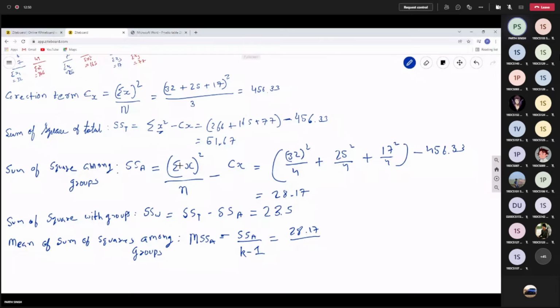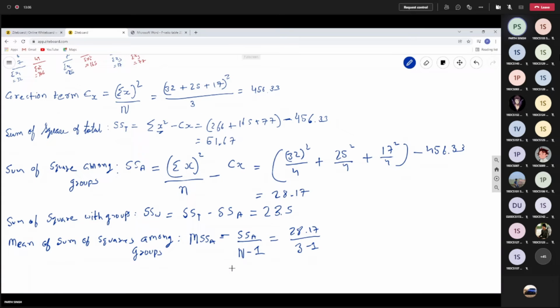Since I used n above, I should write n. So that is nothing but 3 minus 1, that is the total number of groups.